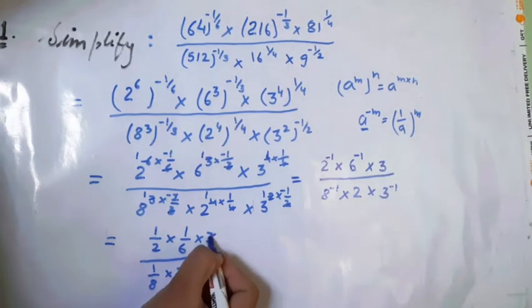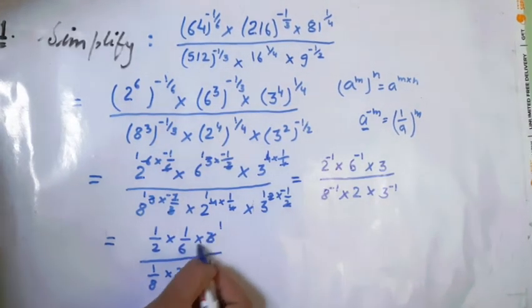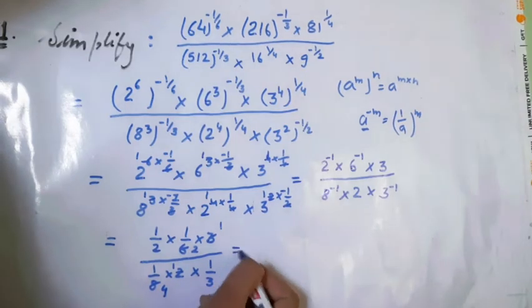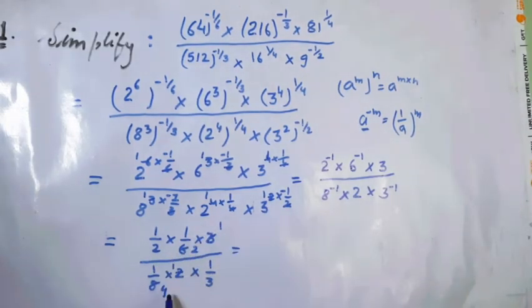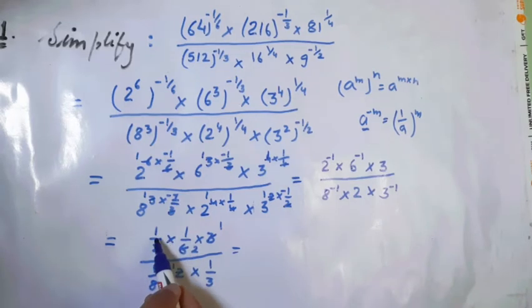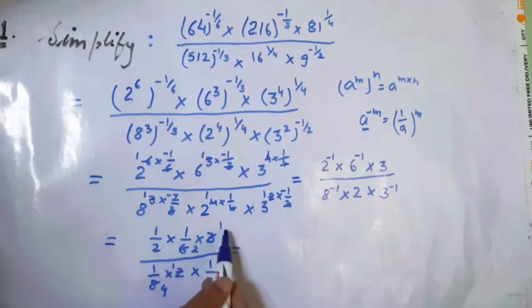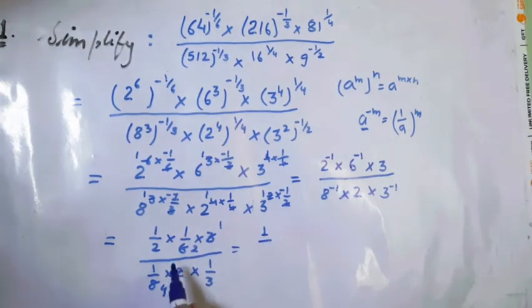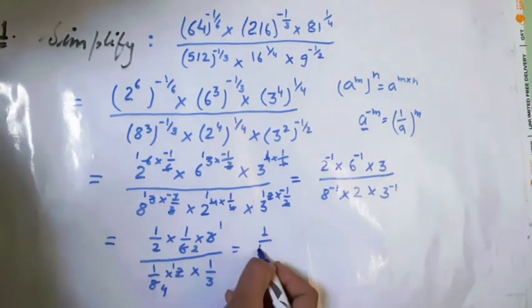Now let us divide it. 3 ones are 3, 3 twos are 6, 2 ones are 2, 2 fours are 8. I'm simplifying numerator and denominator separately. So what is in the numerator now? 1 ones are 1, 1 ones are 1. So it is 1 upon 2 twos are 4.